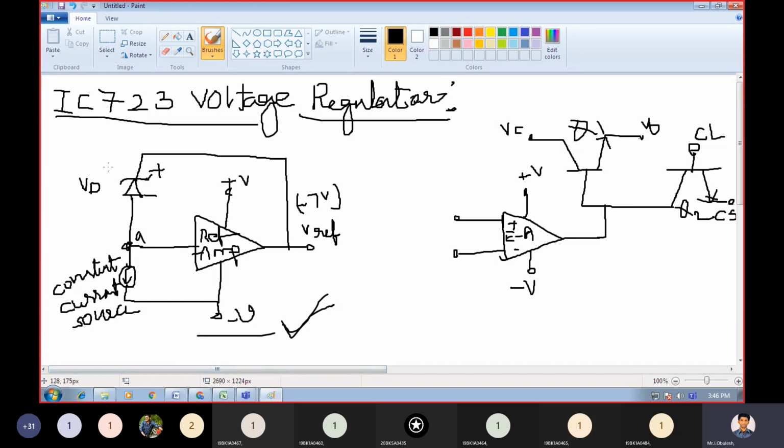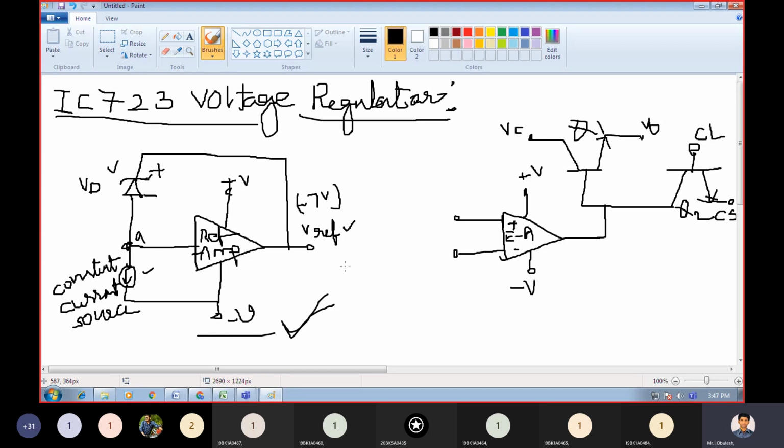Here we have the Zener diode, this is the constant current source, and here we have a reference amplifier. A reference amplifier produces a fixed voltage of about 7 volts at terminal V reference. Up to now clear?